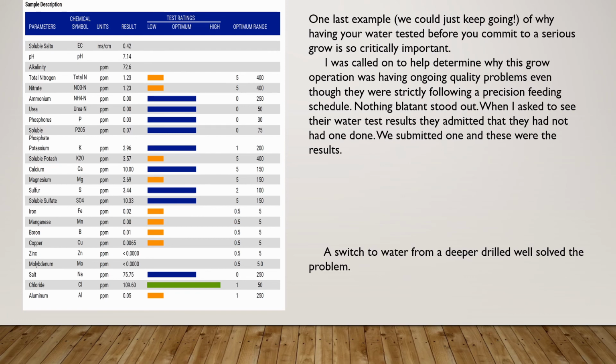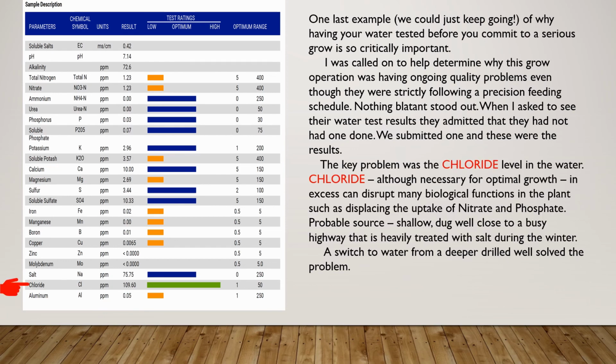Then I asked to see their lab results from the water tests, and they said they hadn't had one done. So we immediately submitted one, and this is what we got back from the lab. And you can see here that the problem became very clear.